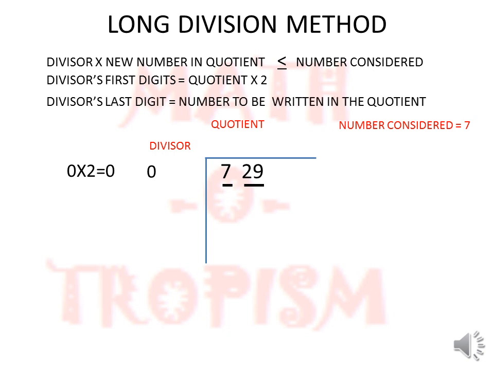Remember that the divisor's last digit should be equal to the new digit in the quotient. So whatever number I put in the divisor should be the same as the quotient digit, and both of them, that means the divisor made with the new number in the quotient, should give me less than the number considered.